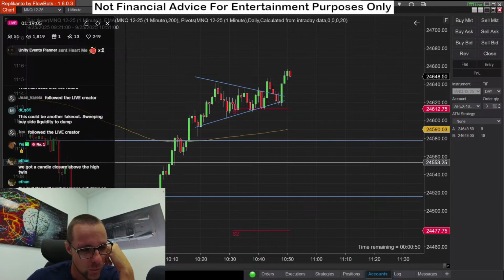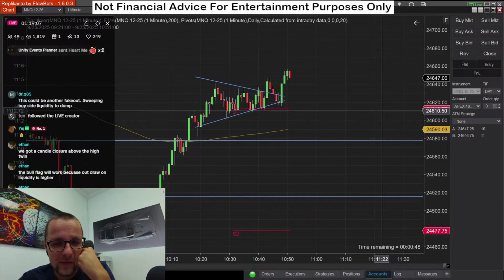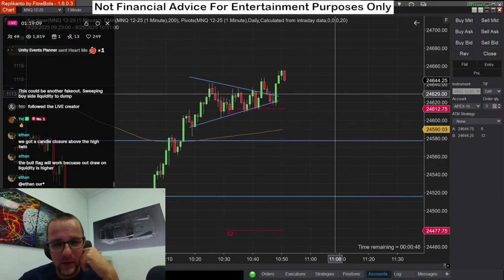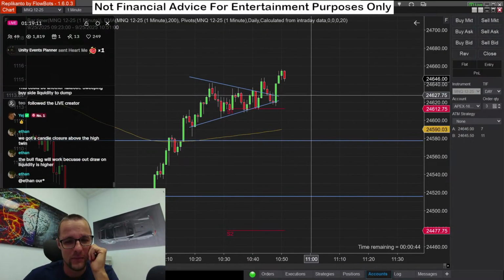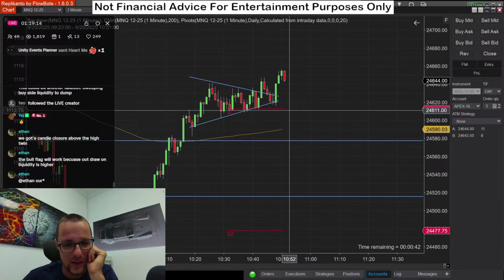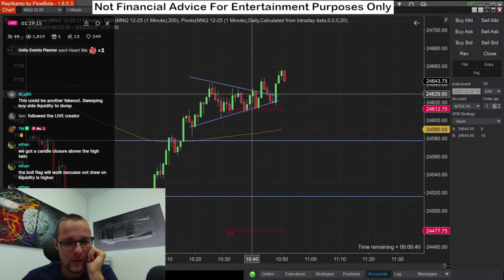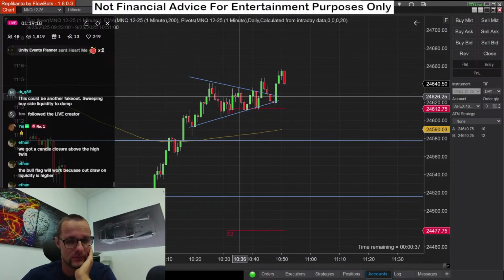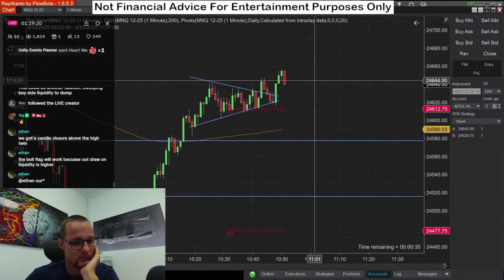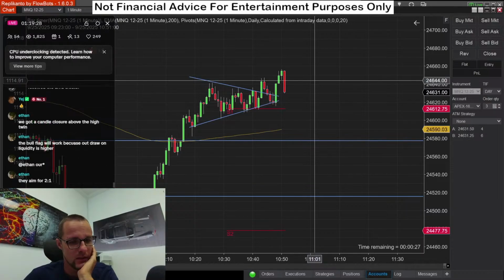The bull flag is working. Wow. Now, I don't know where your TP would be. When people do trade bull flag breakouts, I don't know. On liquidity is higher.